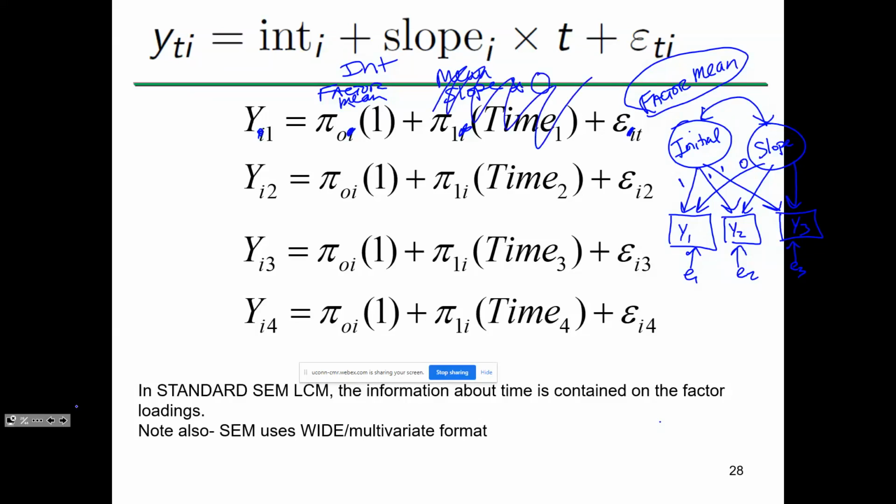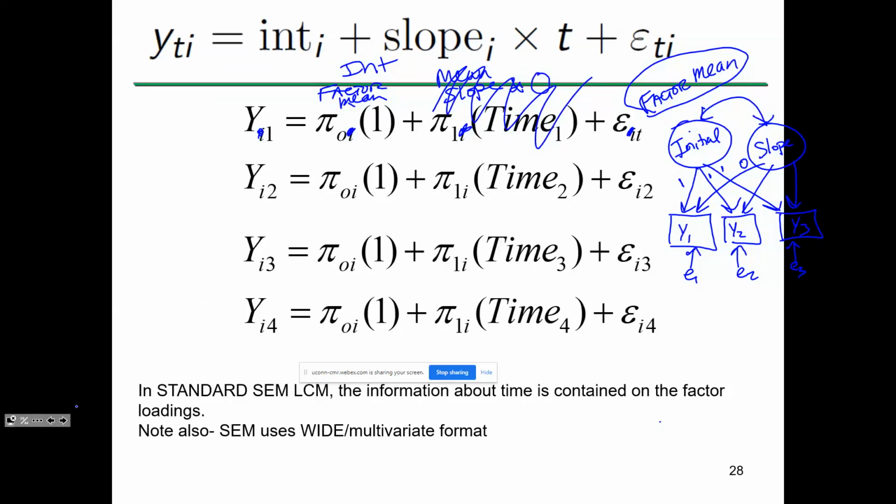So now I get the expected score at time 1, because I got rid of my i's. The predicted score at time 1 is just a function of whatever the mean on my intercept factor is, times 1. So the factor mean for the intercept tells me about the expected value for where people start out. The mean of the intercept factor says, where do people start?